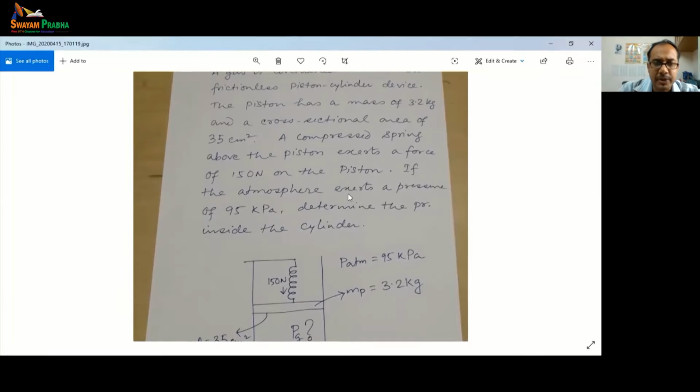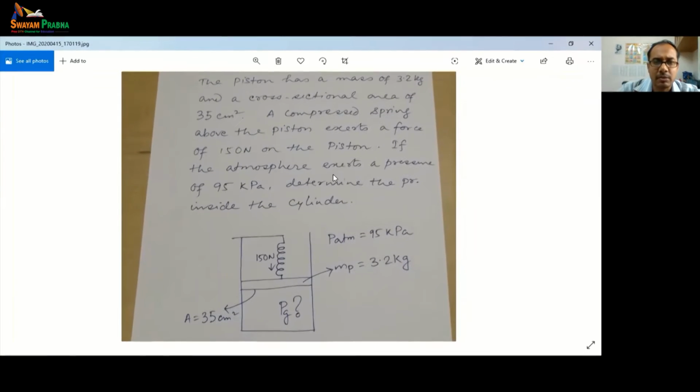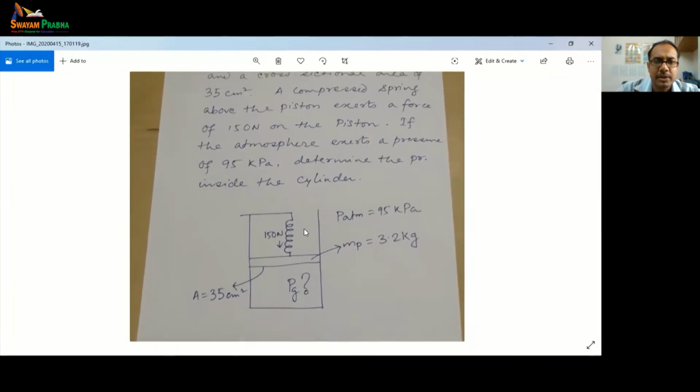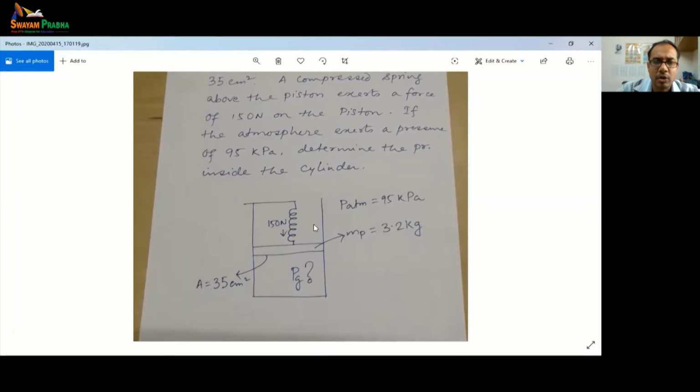A compressed spring, so that's the complicating part here, something of some extra force, a compressed spring above the piston exerts a force of 150 Newton. This is given. You can also follow the diagram at the bottom. The atmosphere exerts a pressure of 95 kPa, so the top is open to the atmosphere as well, and the atmospheric pressure is given to be 95 kPa.